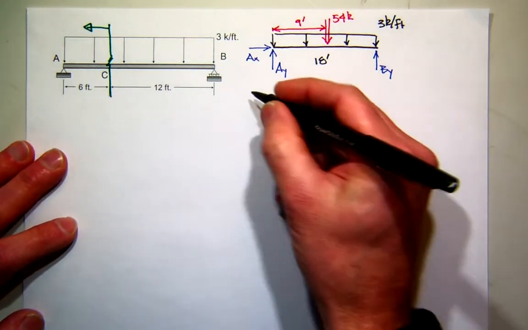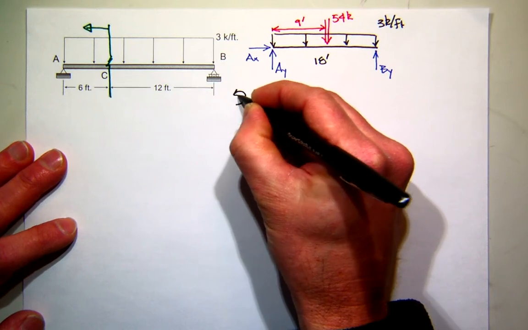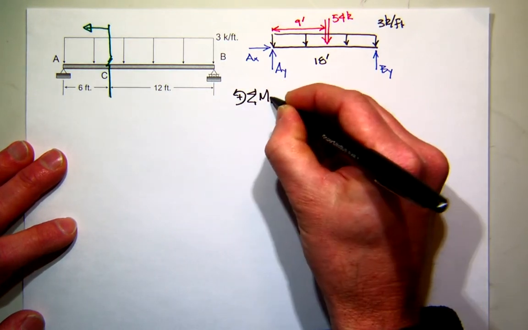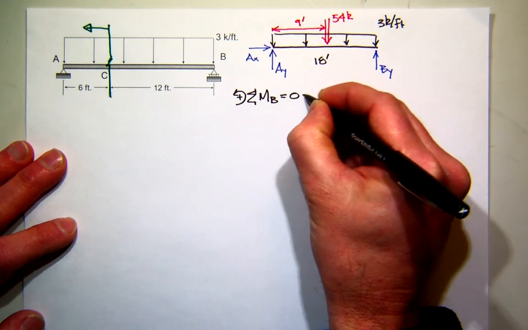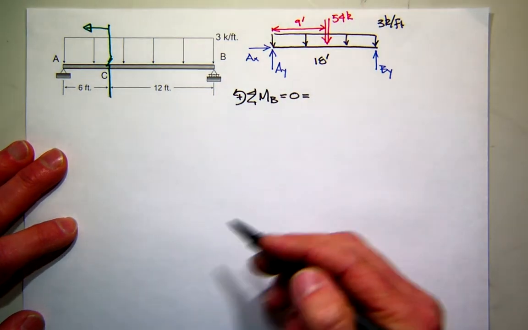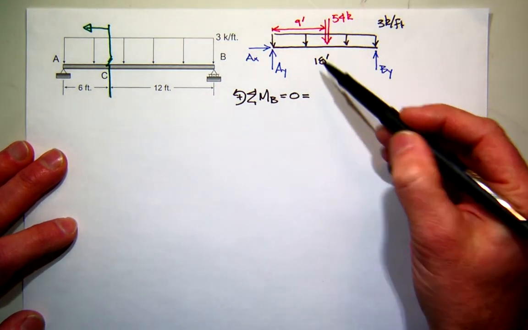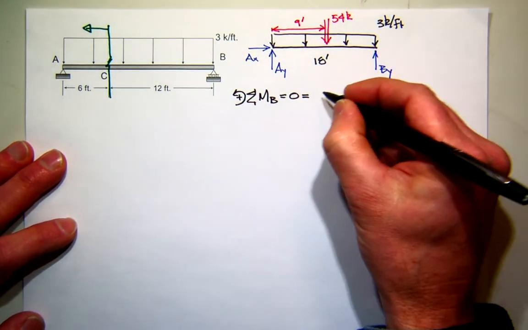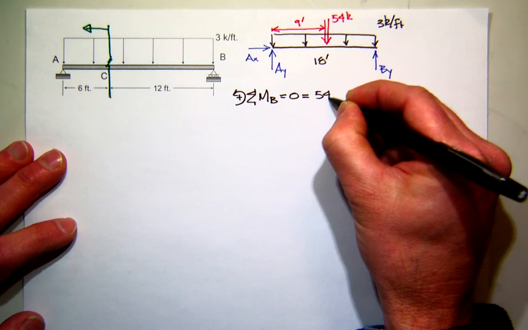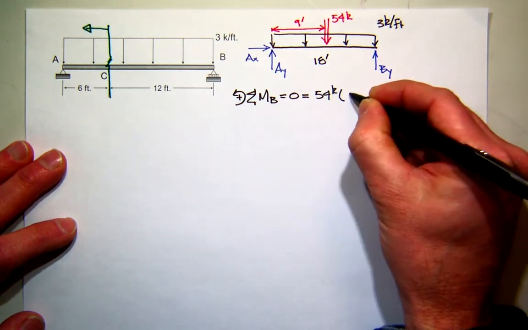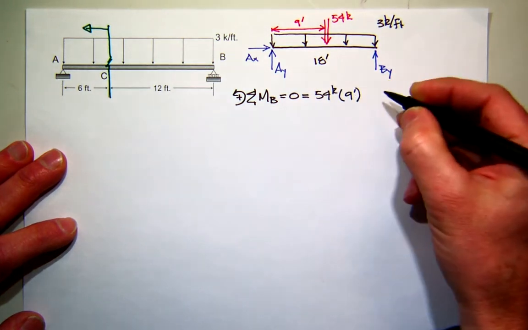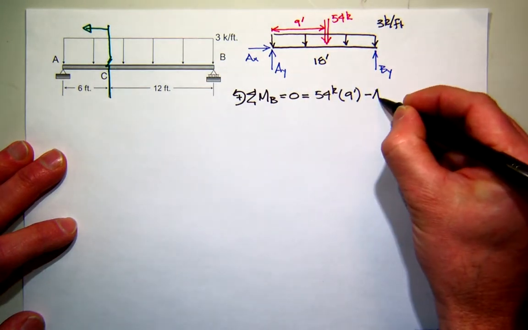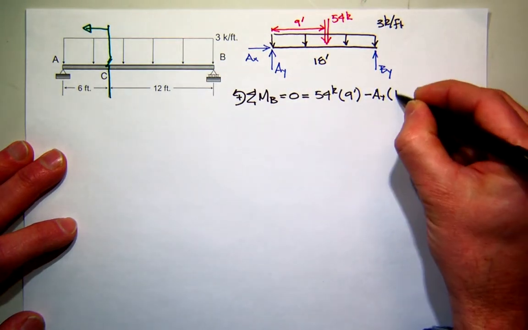So I'm going to sum moments where? About point B, thank you. Summing moments about B using the right-hand rule, my concentrated equivalent creates a positive moment about B. So I'll have a 54 kip force at a moment arm of 9, and then my AY force, which creates a negative moment, times a moment arm of 18.